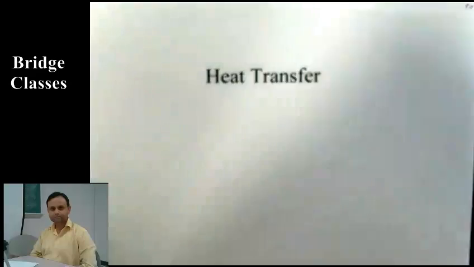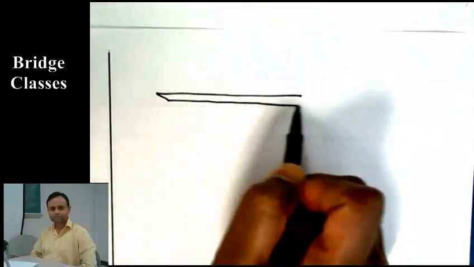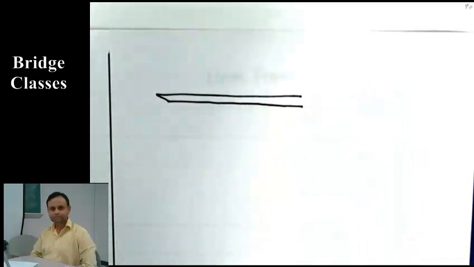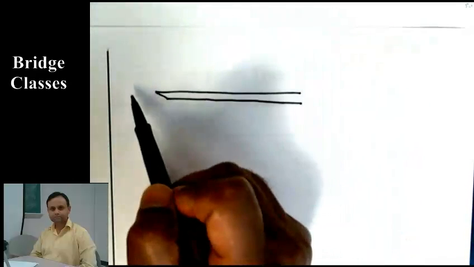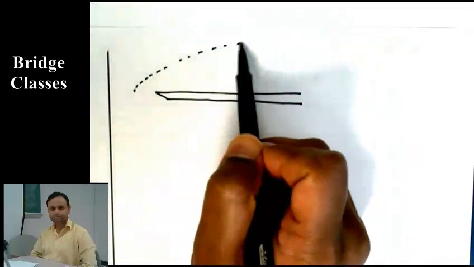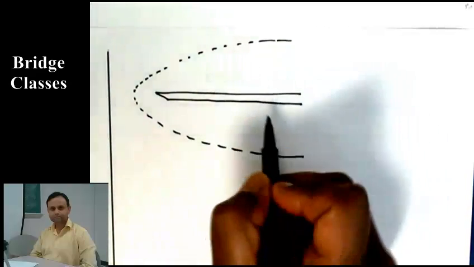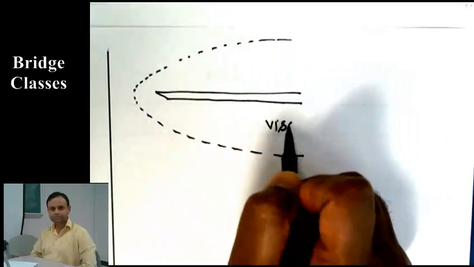So if you draw the flow situation, it is like this. This is the region, a large region around the plate in which viscosity is important.